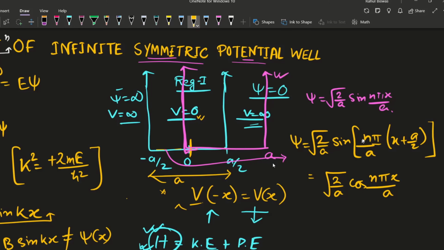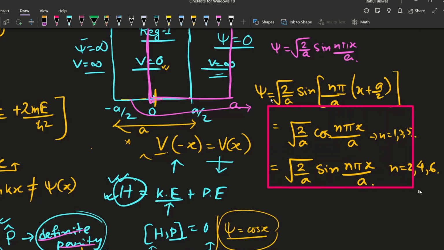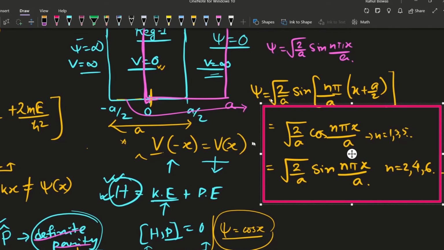Whenever n is odd, this will be the form, and whenever n is even, that is n equals 2, 4, 6, what happens? This will take sine n pi x over a. These two are the wave function of a symmetric potential well.